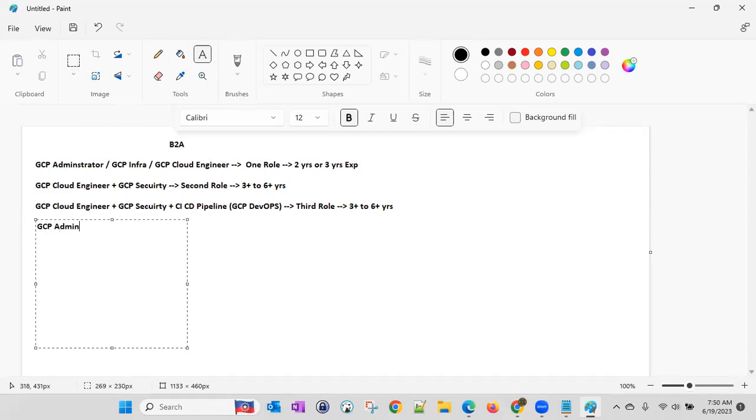GCP admin, GCP cloud engineer, or GCP infrastructure engineer.